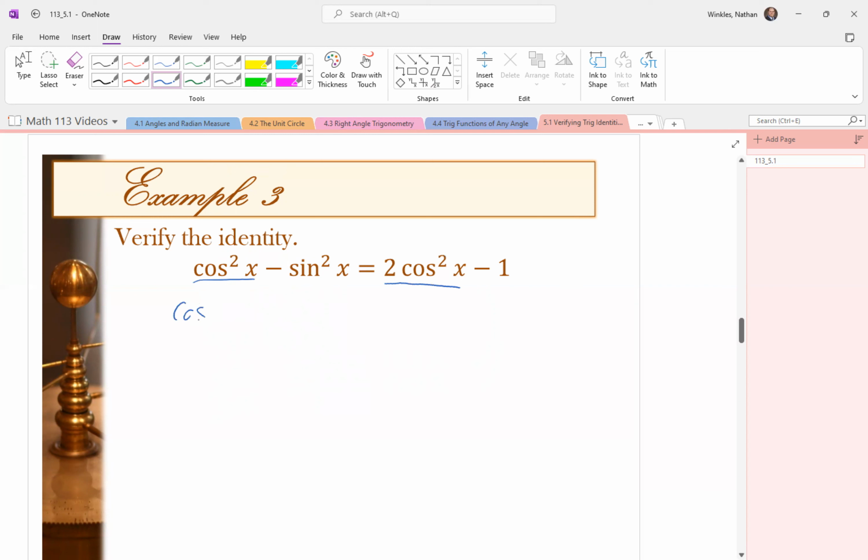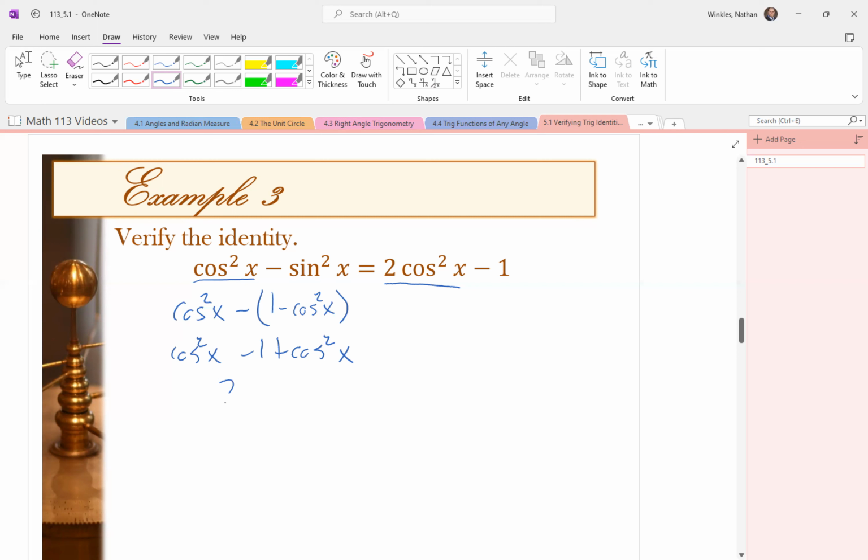So what I'm going to do is I'm going to change sine squared into 1 minus cosine squared x. So we have our minus 1 and our plus cosine squared x, and we have a cosine squared x.